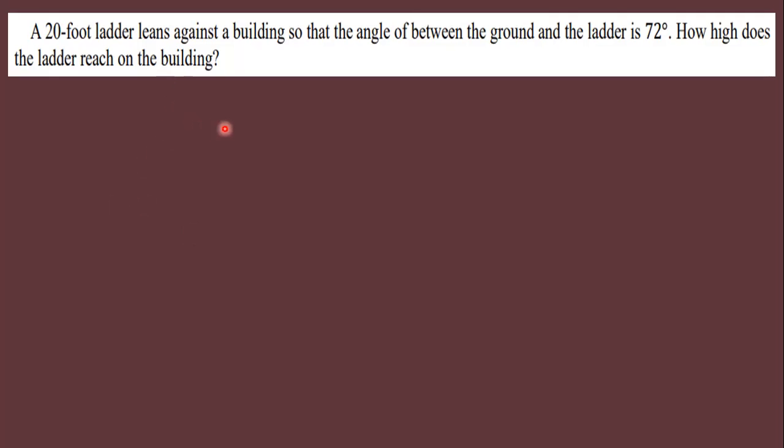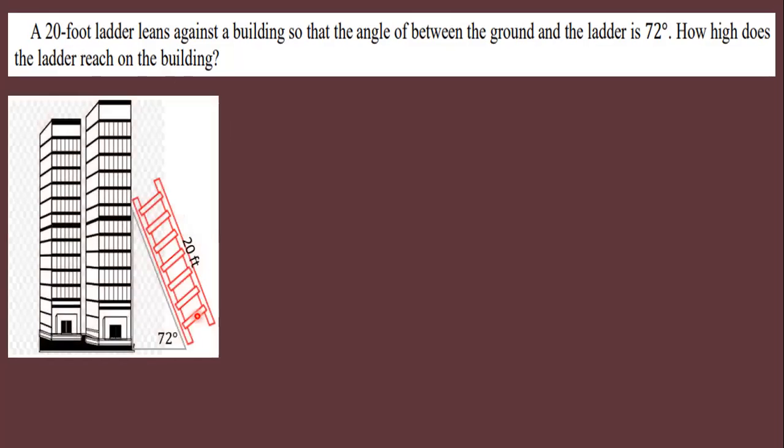Guys, you need to situate the problem carefully. Analyze it word by word. You need to comprehend the word problem. And I have here an illustration for you. Since a 20-foot ladder leans against, this is how it looks like, 20 feet. So that's the 20-foot ladder.